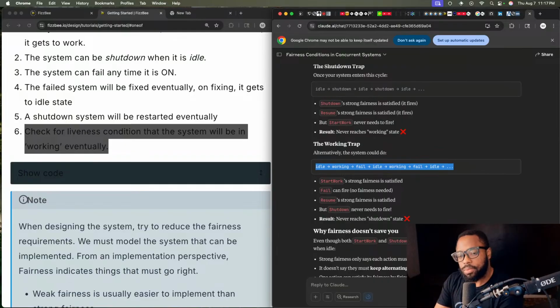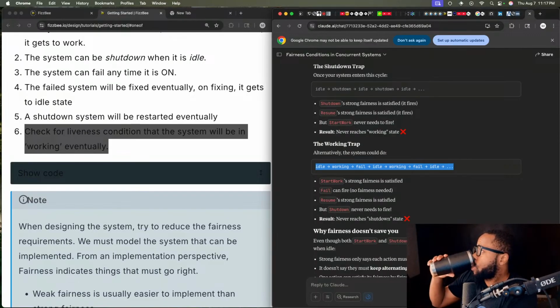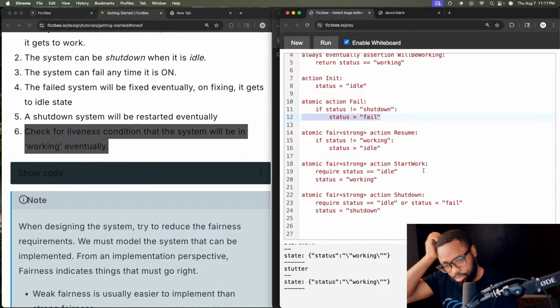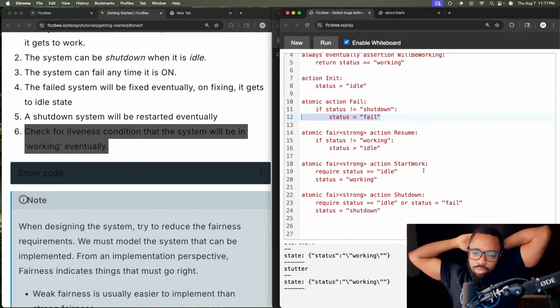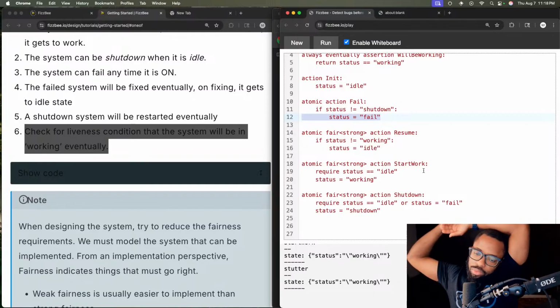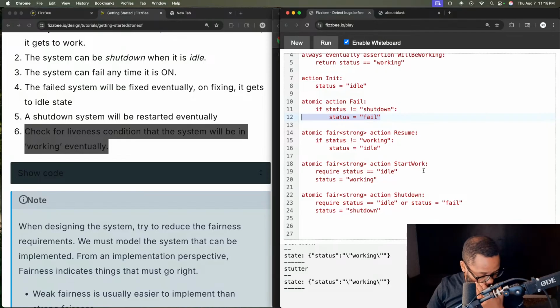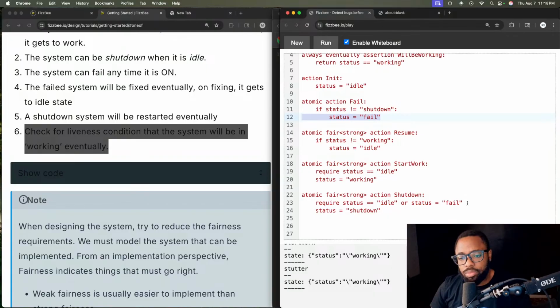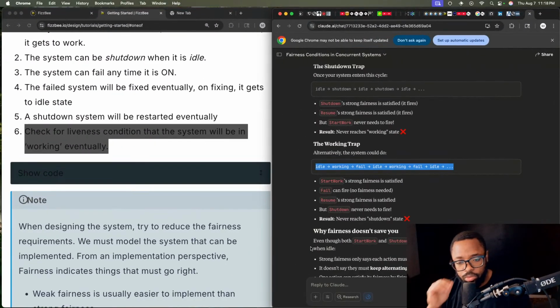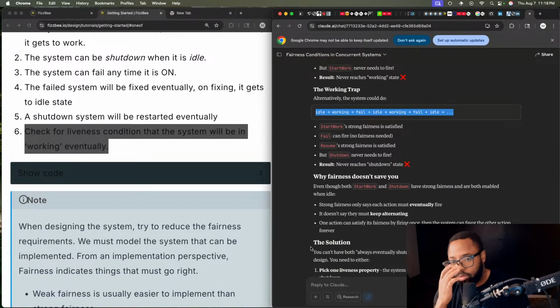Between working and shutdown. It's bugging me right now. Real hard.